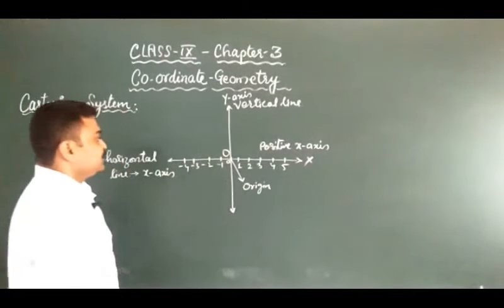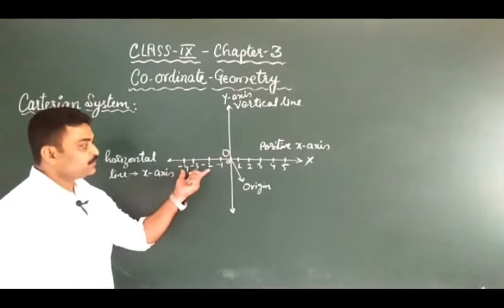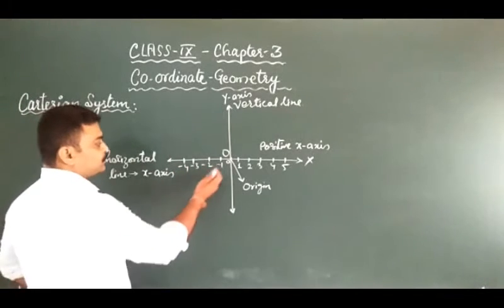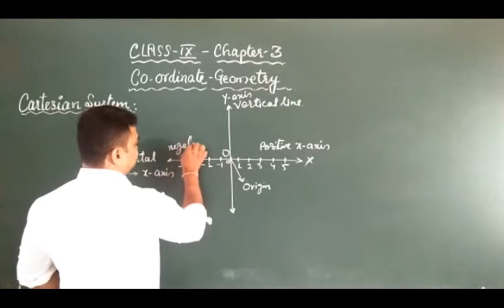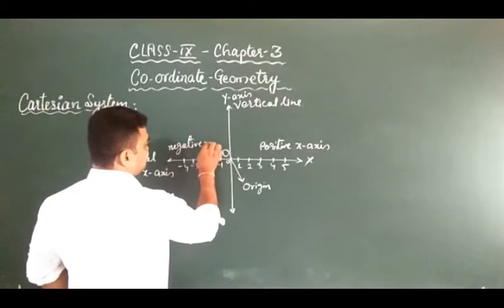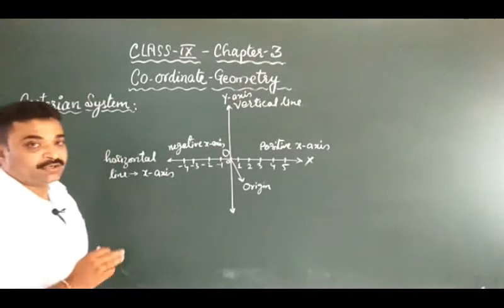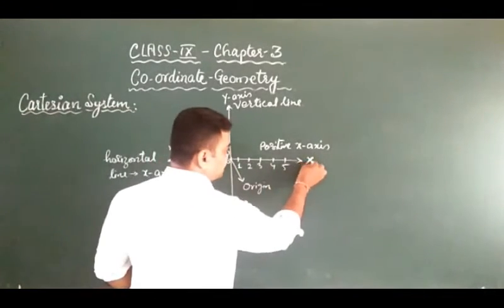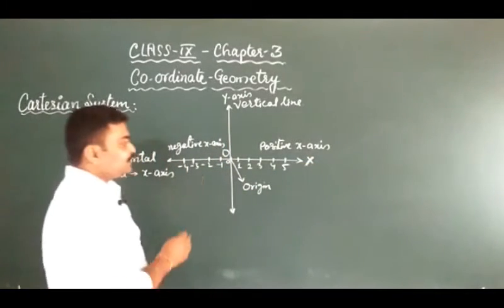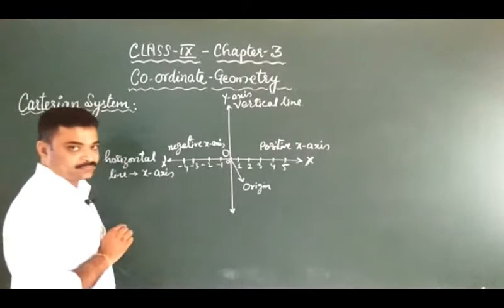Similarly, in the left side of 0, we will say negative x-axis because all the numbers are negative. Sometimes we denote the positive x-axis as x and the negative x-axis as x dash.